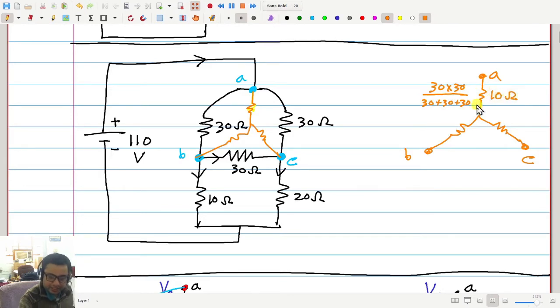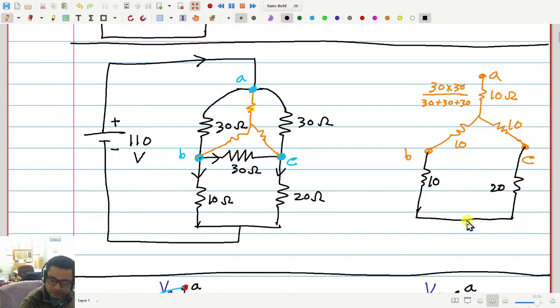In the same way, this will also be 10, and this will also be 10. The remaining things I will keep as they are: 10, 20.